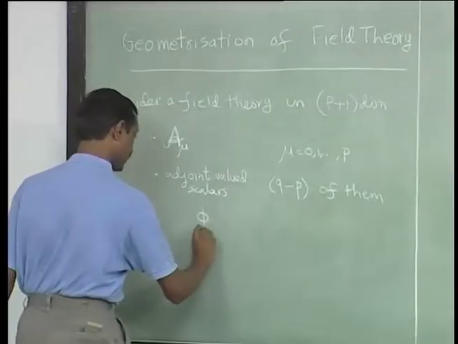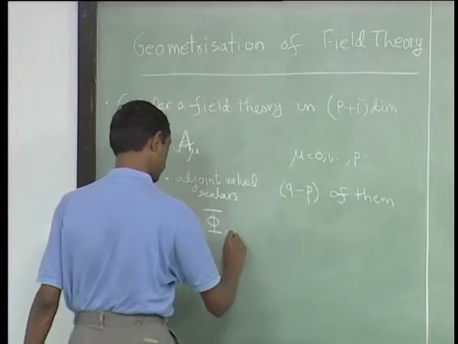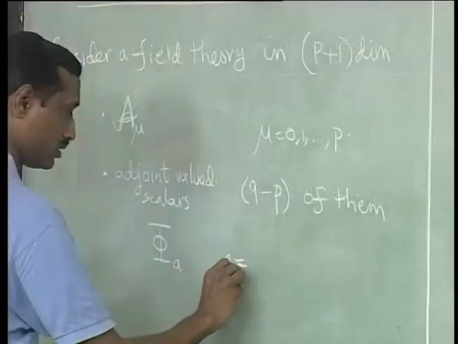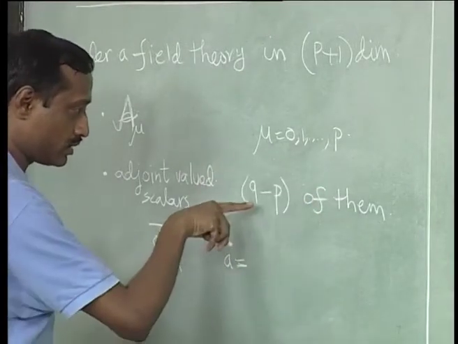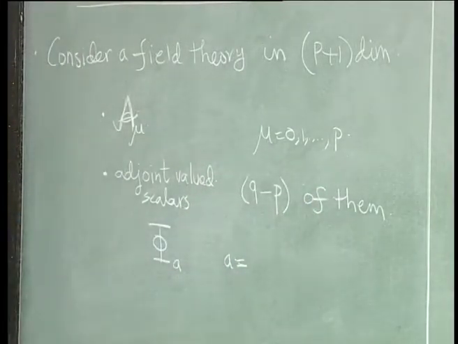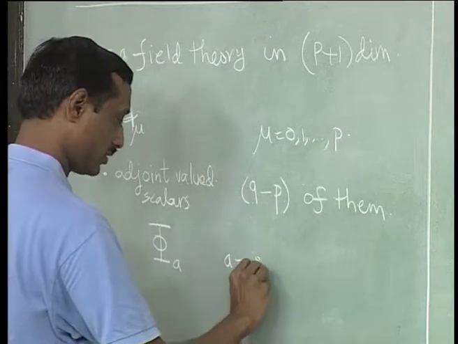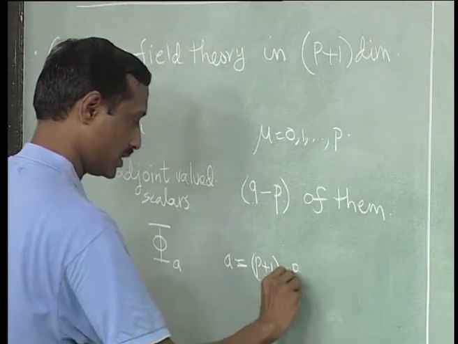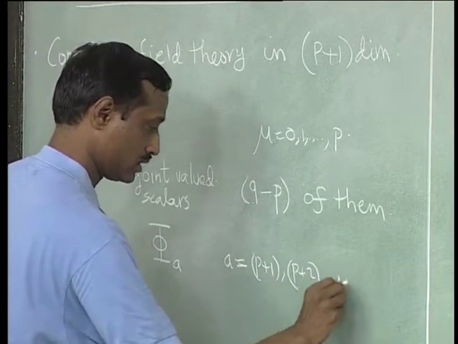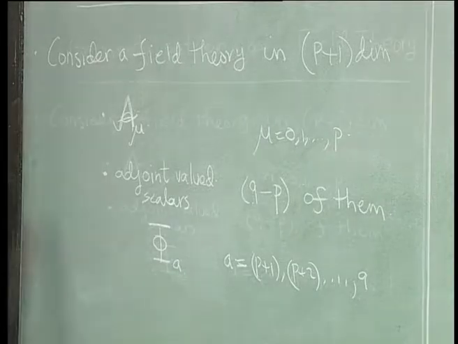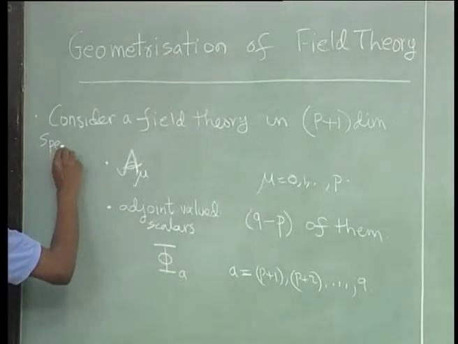So let us just call these phi a, where a runs from p plus 1, p plus 2, and so on, instead of 1 to 9 minus p. Okay. So this is the spectrum, or the fields.